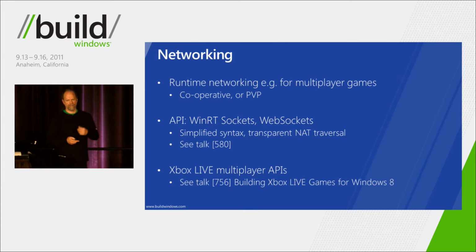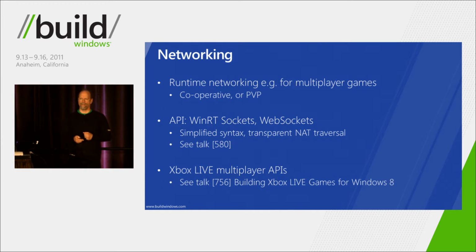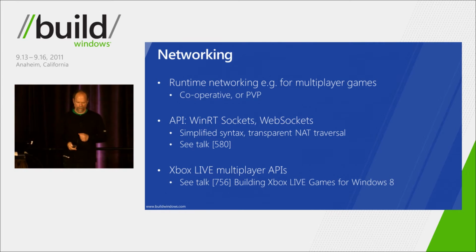And then also there's a set of APIs that the Xbox Live libraries will deliver, and that's going to be mentioned in Avi's talk tomorrow, I believe 10:30 in Ballroom D upstairs. He'll talk about a variety of technologies that will be coming from the Xbox Live people.